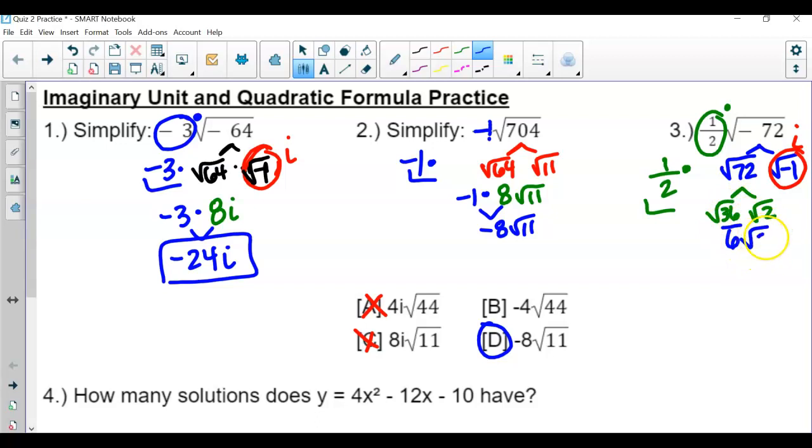So 6 radical 2. Then I do need to bring down i, so notice how we need i in our final answer, and we are multiplying by 1/2. So as we simplify, 1/2 times 6, or half of 6, is 3, so 3i radical 2.